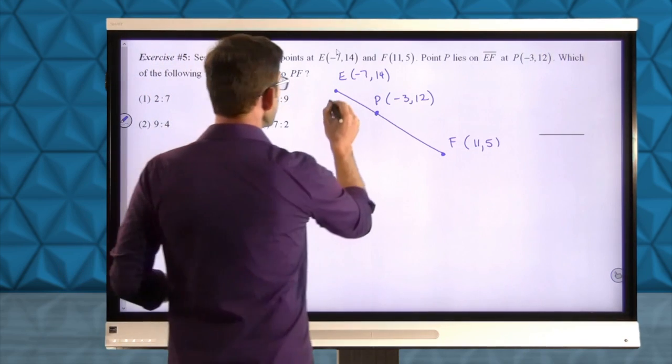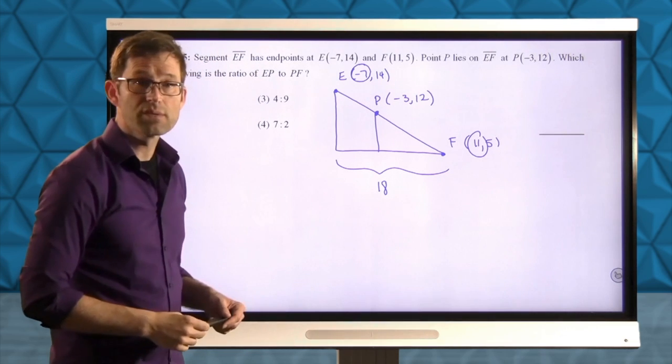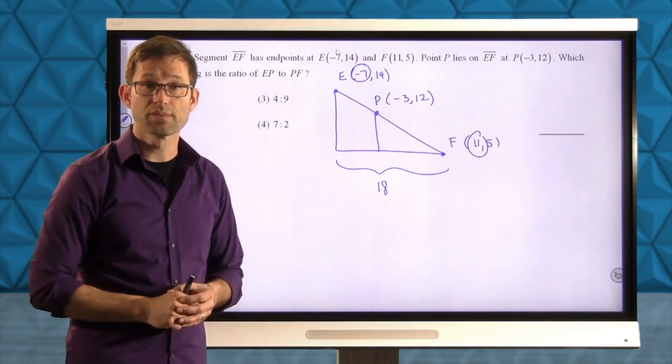But look at how easy we can do it if we consider that partitioning idea again, the side splitter theorem. One thing I know for certain is that this horizontal length to go from -7 to 11 is 18 units.